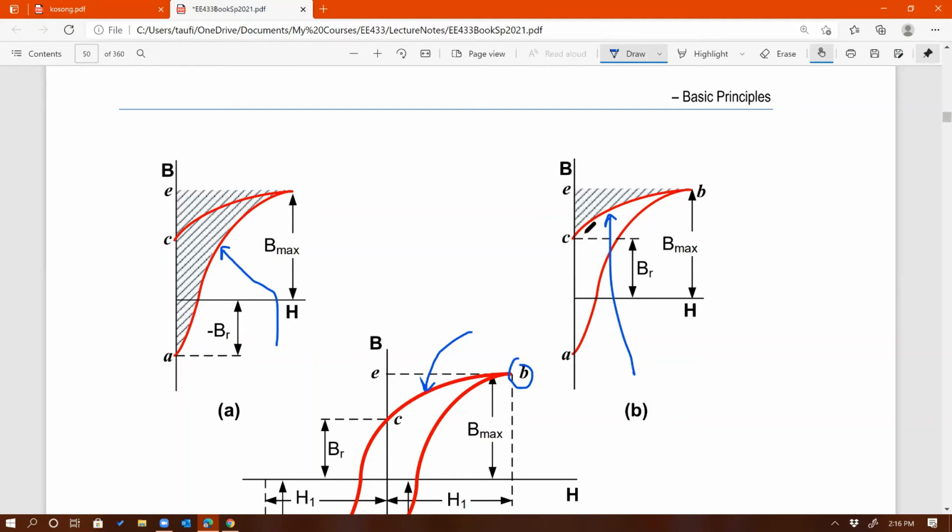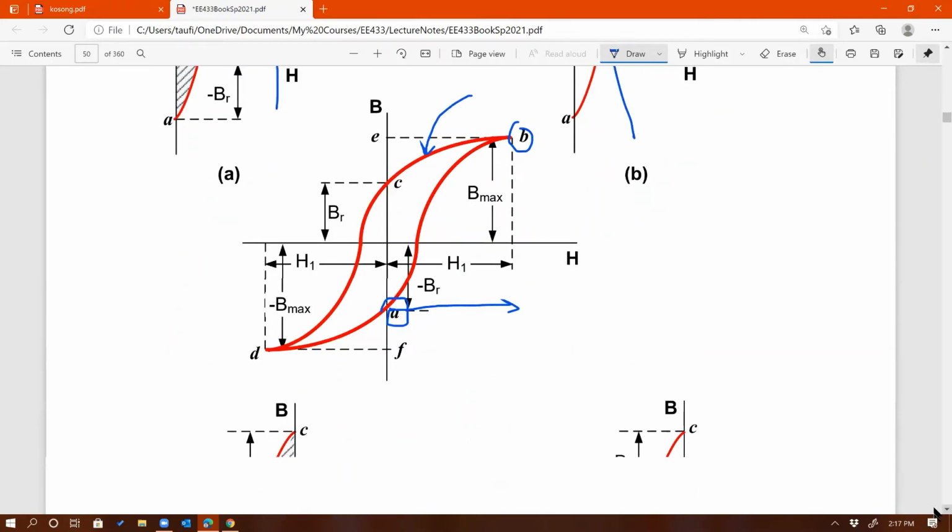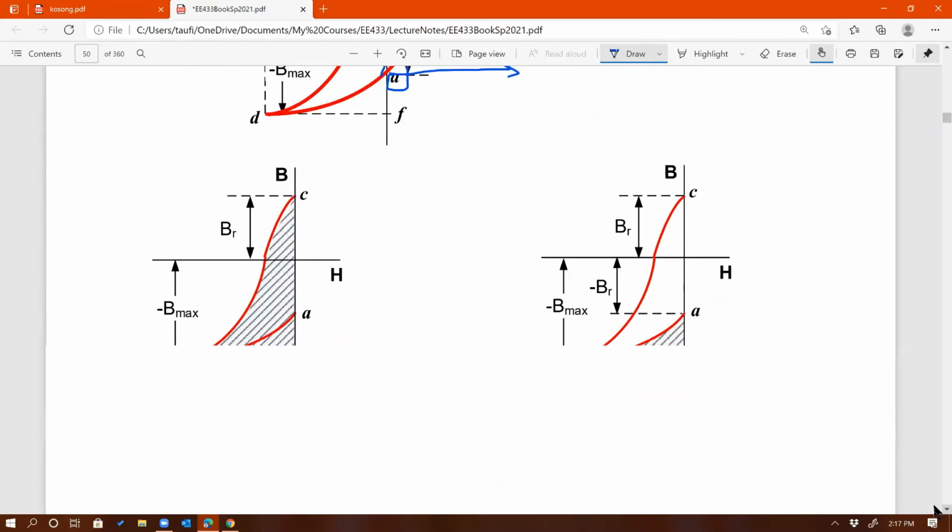Well, it's the same thing: area under the curve. The area under that segment from B to C with respect to B, the shaded area right here, represents the energy being released. Okay. So then you can repeat the same procedure for the other half of the operation.